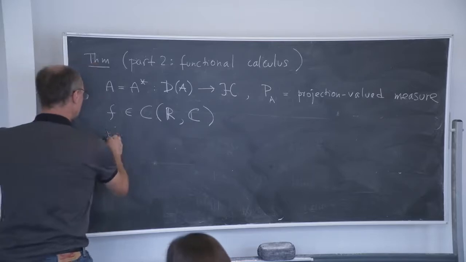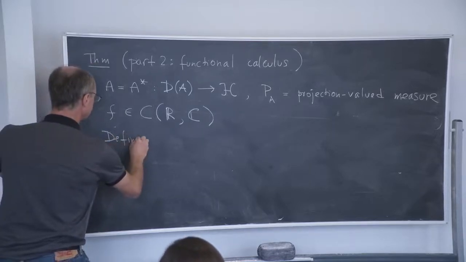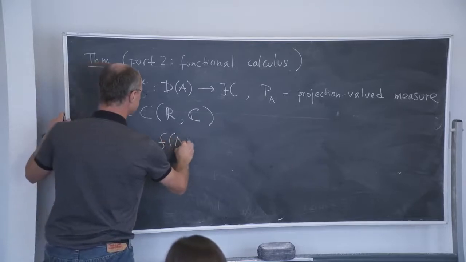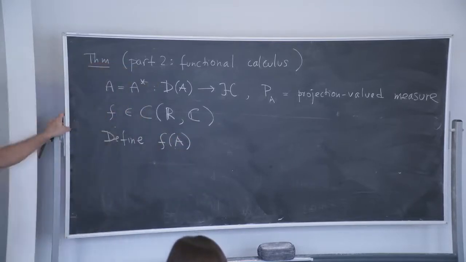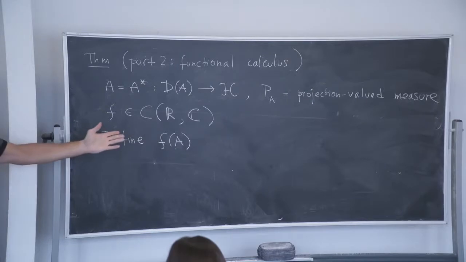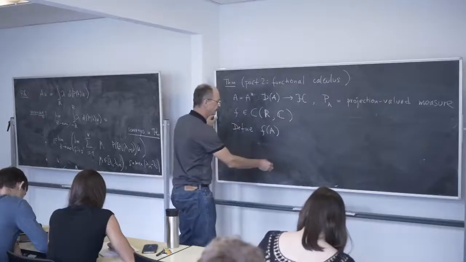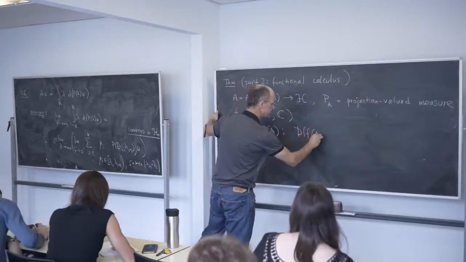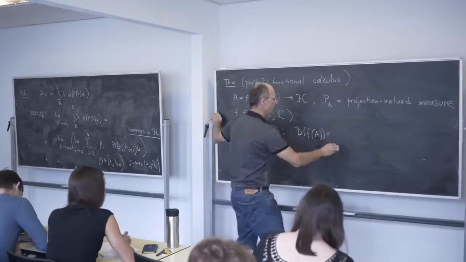So then we'll define an operator denoted by f of A. And to define an operator, we need to say what is the domain, and we need to say how it acts. So the domain will be as follows.